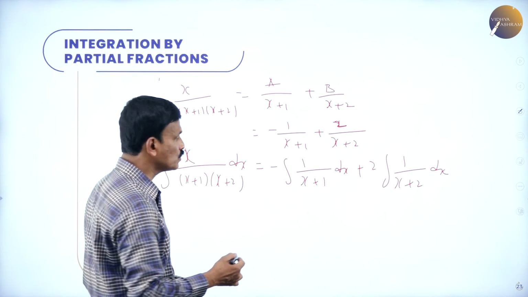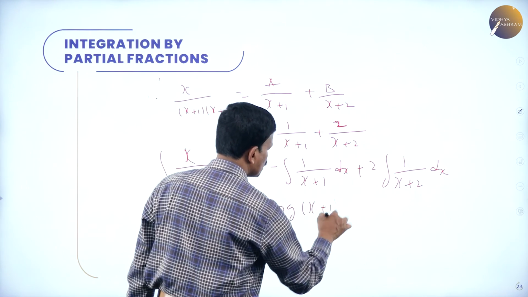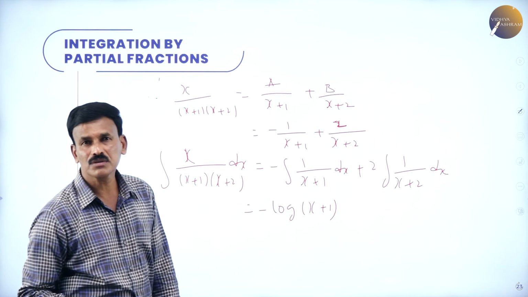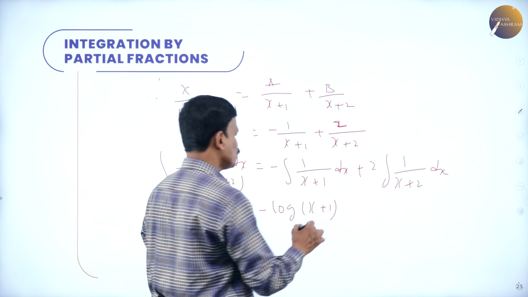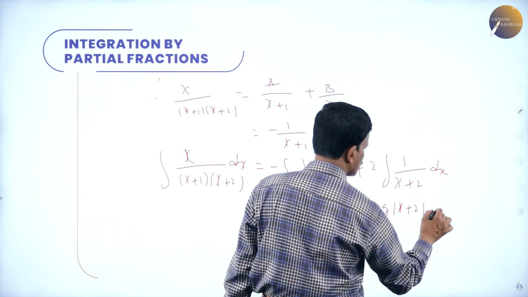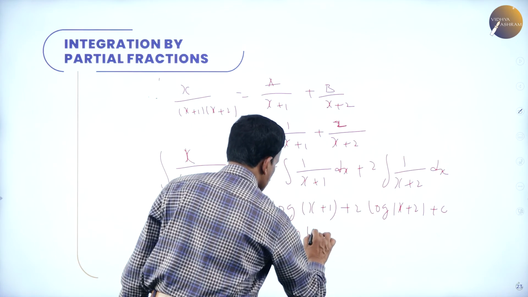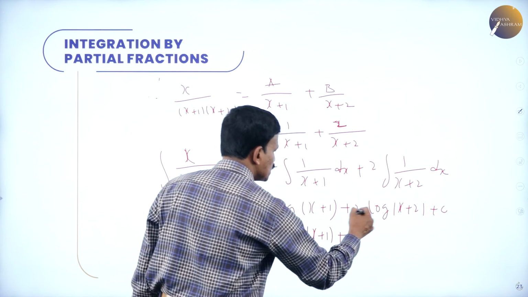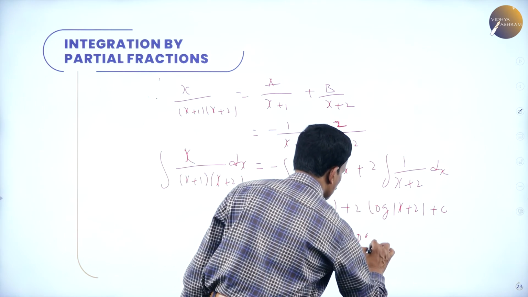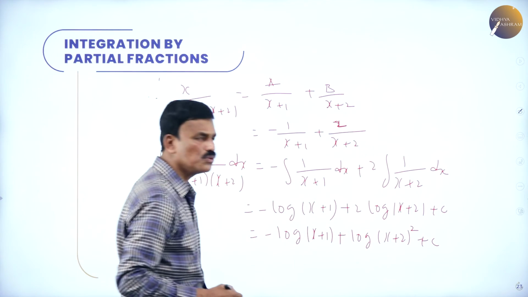Now, what is this equal to? Integral of 1 over x plus 1 is log of x plus 1 along with the minus sign, plus 2 into integration of 1 over x plus 2, which is log of x plus 2, plus c. Or this can also be written as minus log of x plus 1 plus n log m, where n log m is equal to log of m to the power of n, so log of x plus 2 whole square.